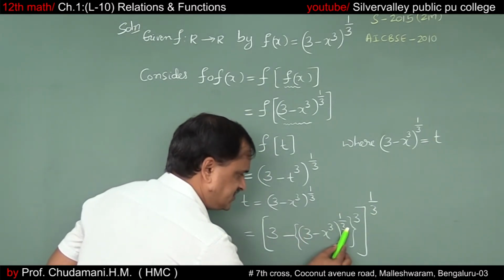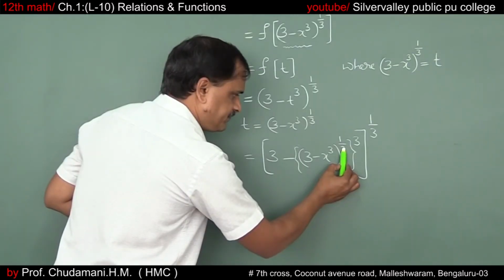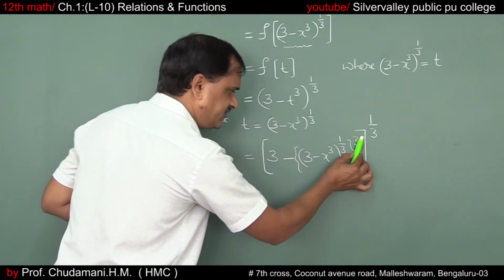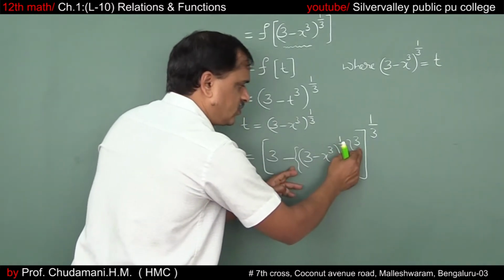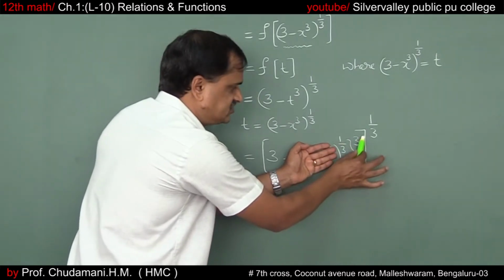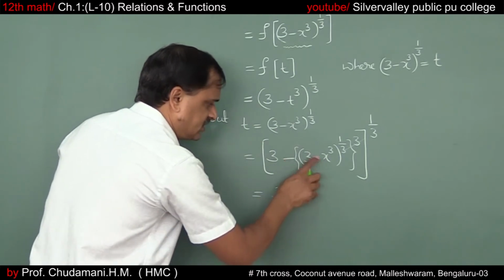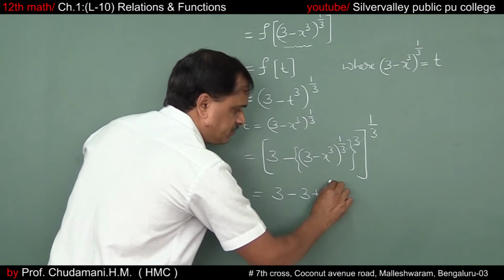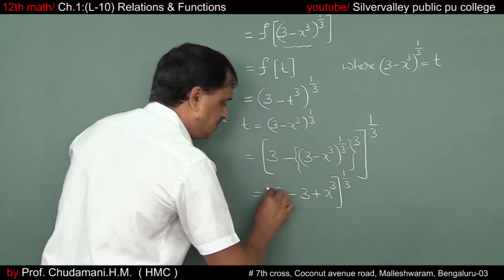Now simplify this. 1 by 3 and this 3, we can eliminate this. Is it not? So this whole power 1 by 3, this is x power 1 by 3, the power 3, means this 3 and 3 gets cancelled. Now we are left with, remove the bracket, minus 3 minus of minus plus x cube whole to the power of 1 by 3.